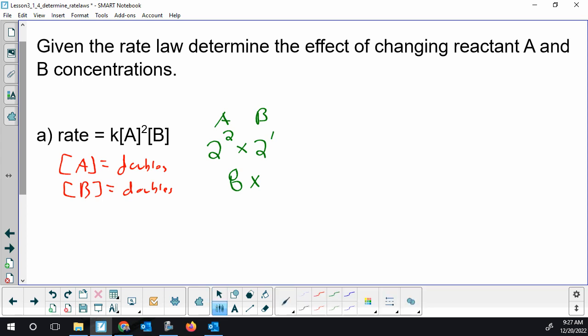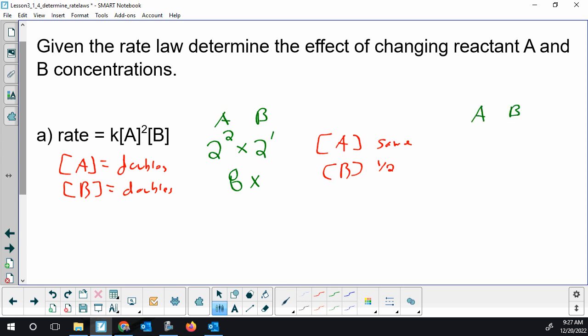Okay. Using the same rate, what if the concentration of A stays the same, but the concentration of B is 1/2? So it doesn't go up, it goes down by 1/2. So we have to multiply the effect of each concentration.